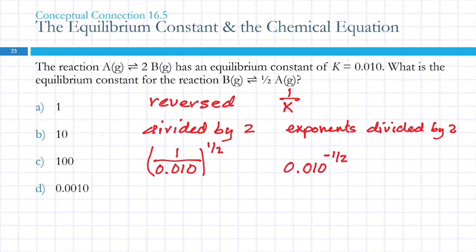It's probably 10. When we tip that over, we're going to get 100, and then the square root of that is going to be 10. And you can always do that on your calculator: 0.01 to the -1/2, 10. Any questions?